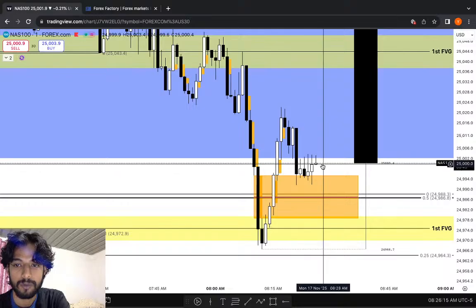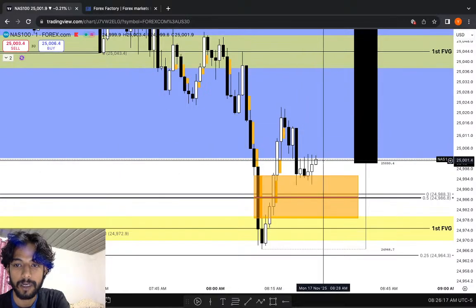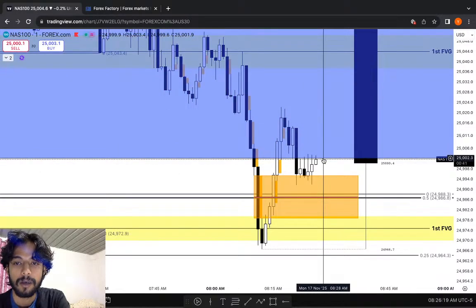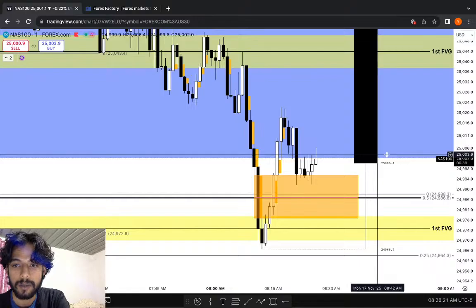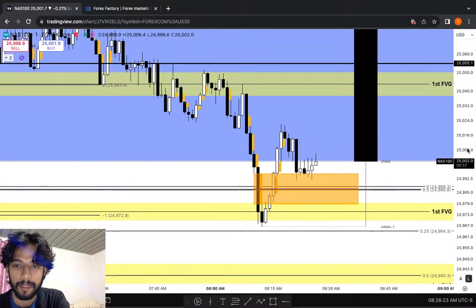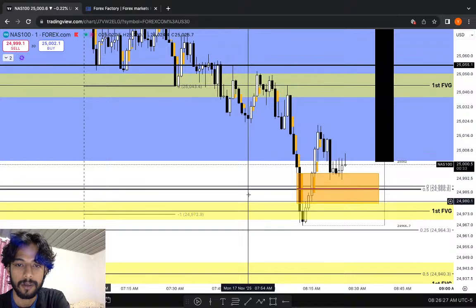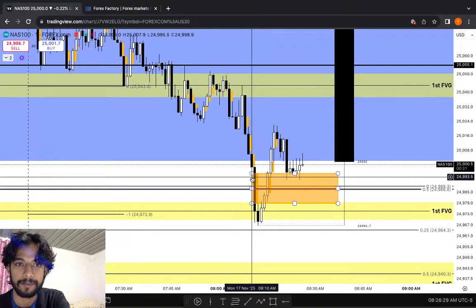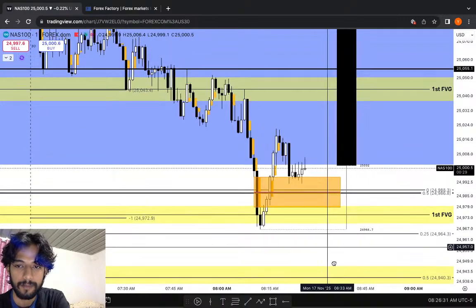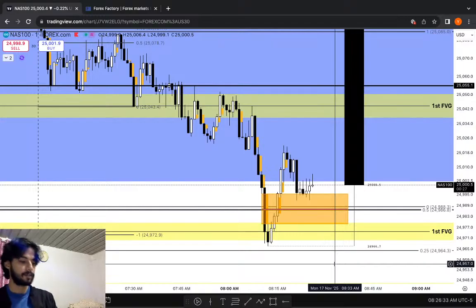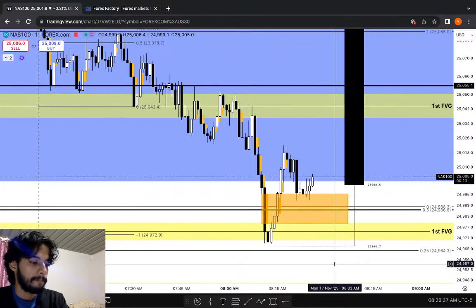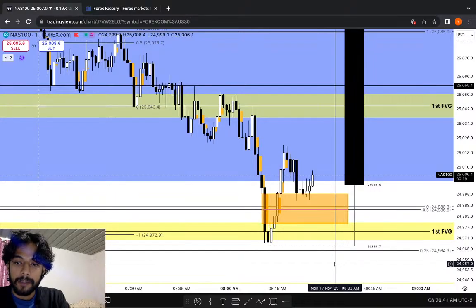So if it wants to move higher, it should move higher and reclaim this. Then eventually it will try to move higher. Let's see. So I'm not holding any hard biases. Still that logic is playing out.